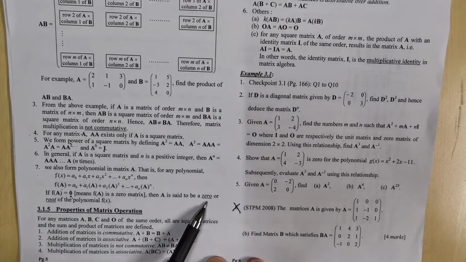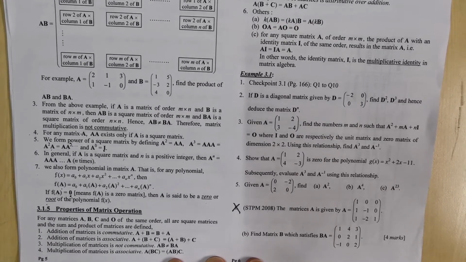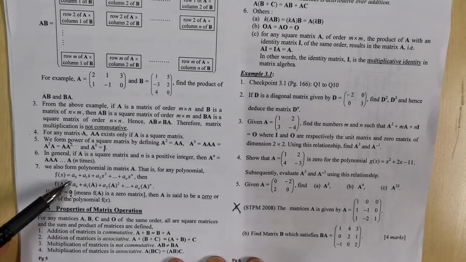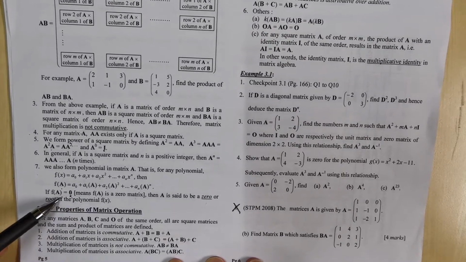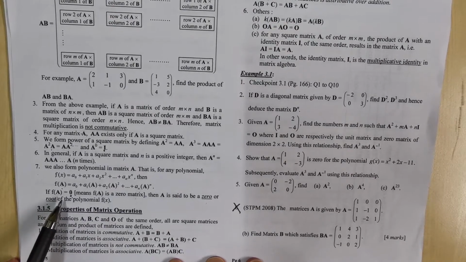Then A is a zero or root of the polynomial f(x). So when we talk about polynomials, we are not only talking about numbers, we can also apply this to matrices. Later you will see there is a past year question related to this concept.